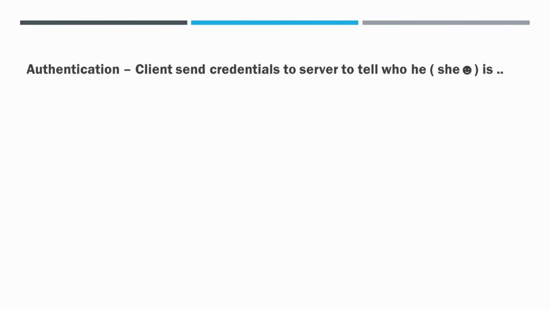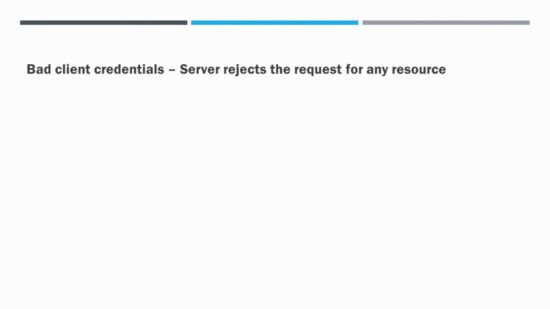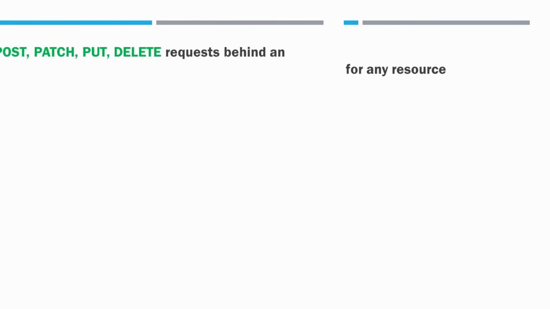It's the act done by the server to verify the credentials of the connection attempt sent by the client. If the server cannot recognize the credentials sent by the client, or if the client sent bad, wrong credentials, the server can reject such a connection attempt and no resources should be accessible to the client.